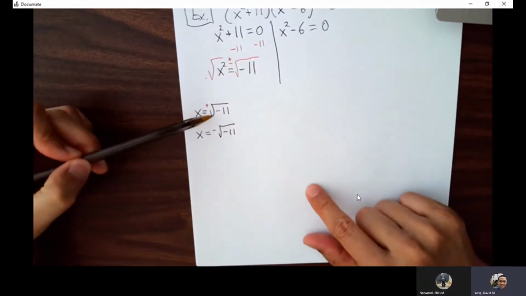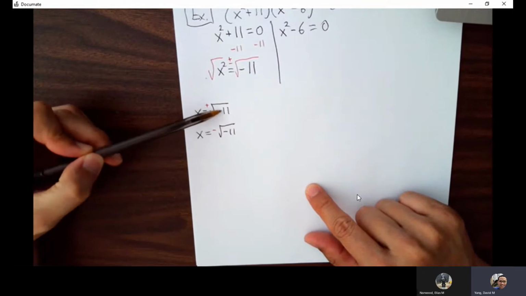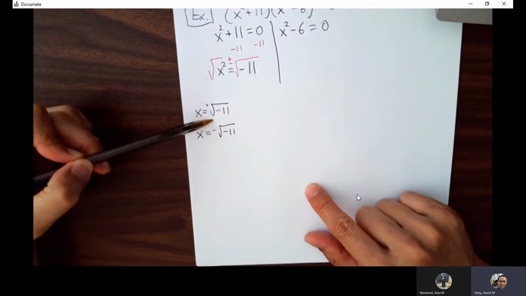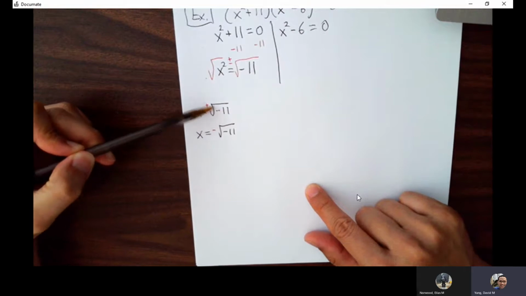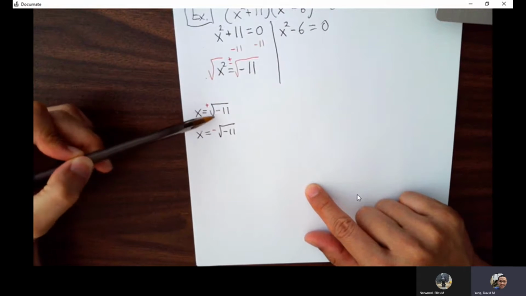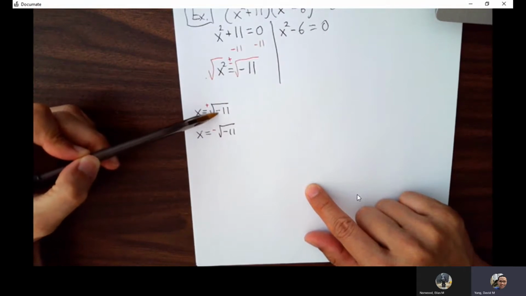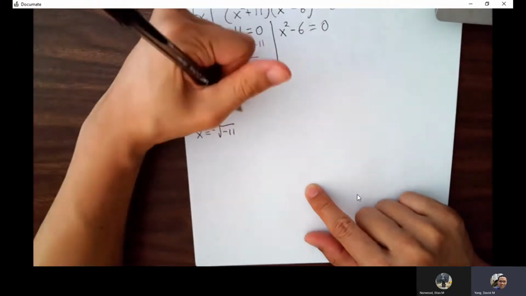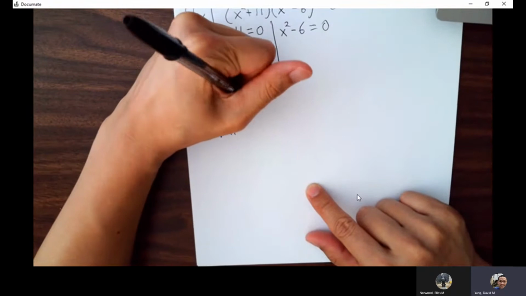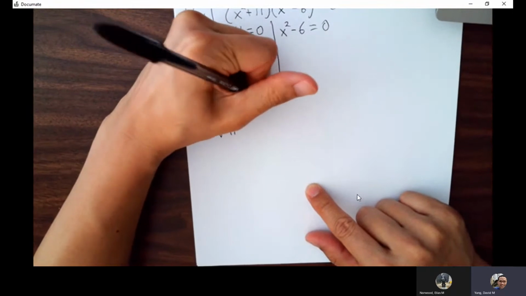Mm-hmm. And then there's a special way that we deal with this negative. We push this out in front, and since it's imaginary, we have a special symbol to indicate that. So this negative comes out and we're going to turn it into an i. So we have x equals i root 11.